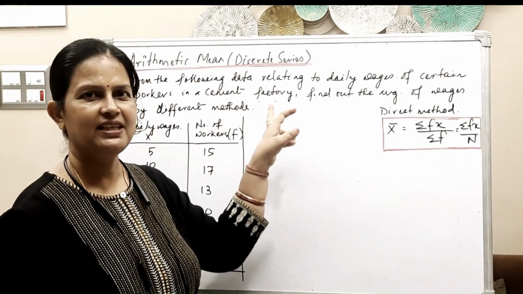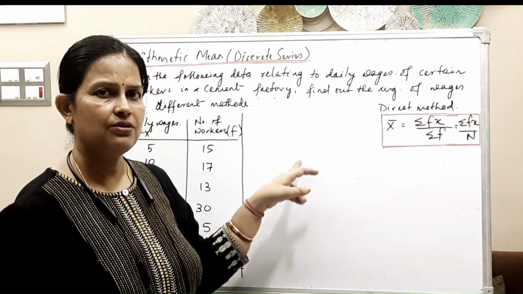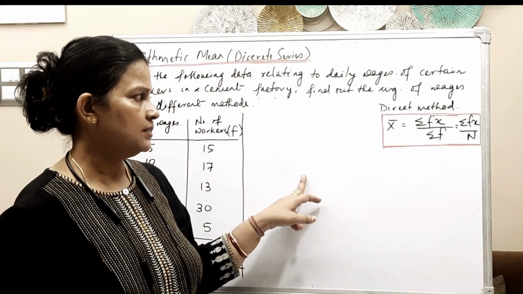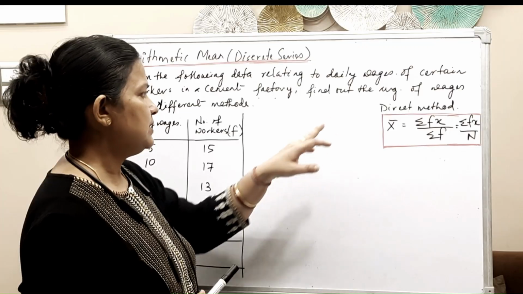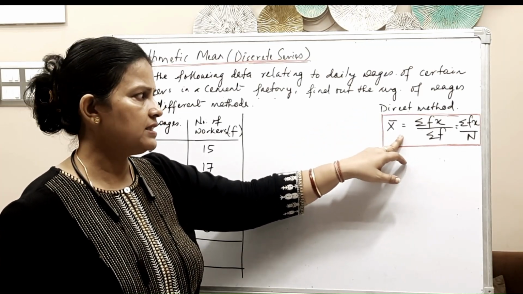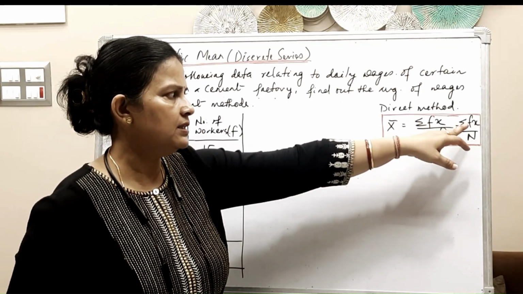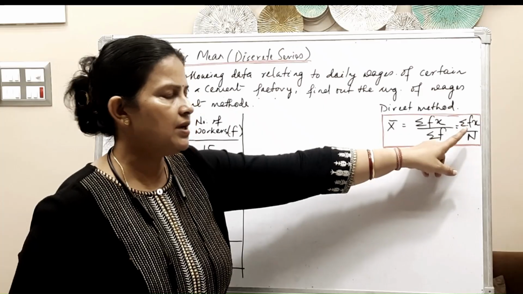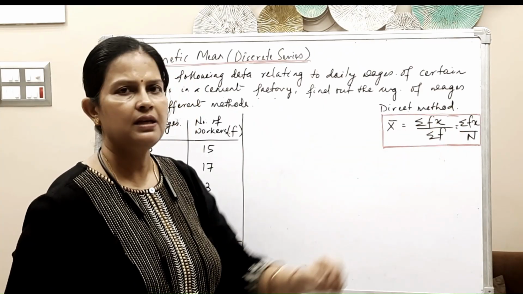We have taken one example for discrete series and we will discuss all the methods for calculating the mean. First we will take the direct method, x bar equal to sigma of fx divided by sigma of f, or sigma of fx divided by capital N.